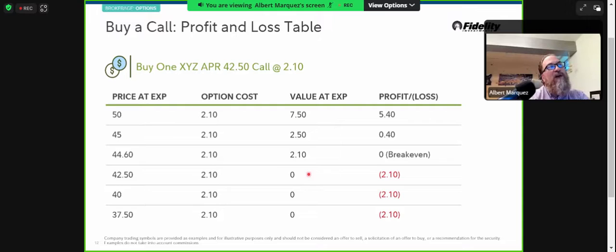That has no value, which means we'll lose our full $2.10. If it moves lower to 40 or 37.5, that's the most we're going to lose, our $2.10 option cost. The value of that option is still zero, and we lose $2.10.